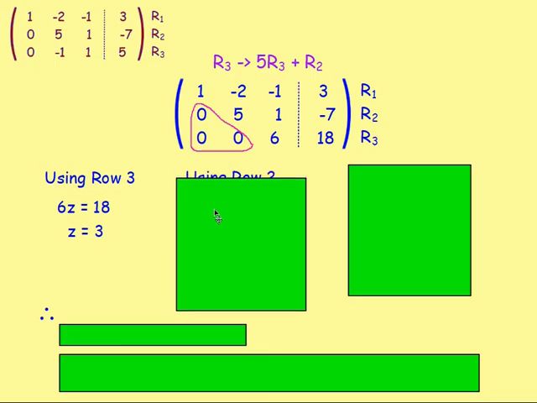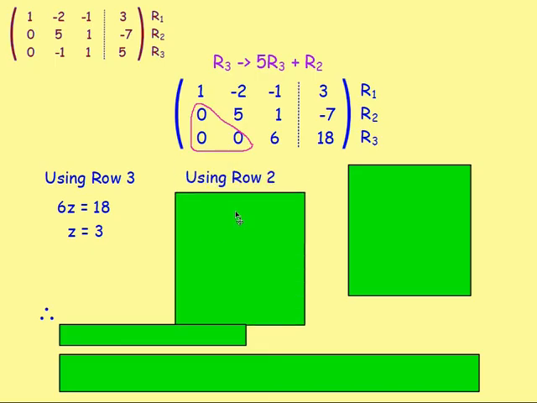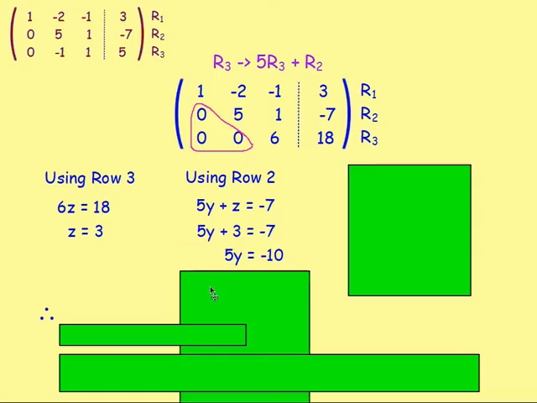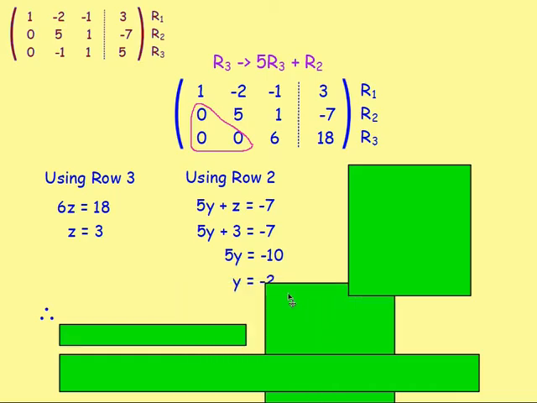We can then go up to row 2, and we can substitute the value of z in here. So we can say that 5y plus 1z equals -7, and replacing z with 3, because we know z is 3, we can say that 5y add 3 is -7. Subtract 3 from both sides, so 5y is -10, divide both sides by 5, and y would equal -2.